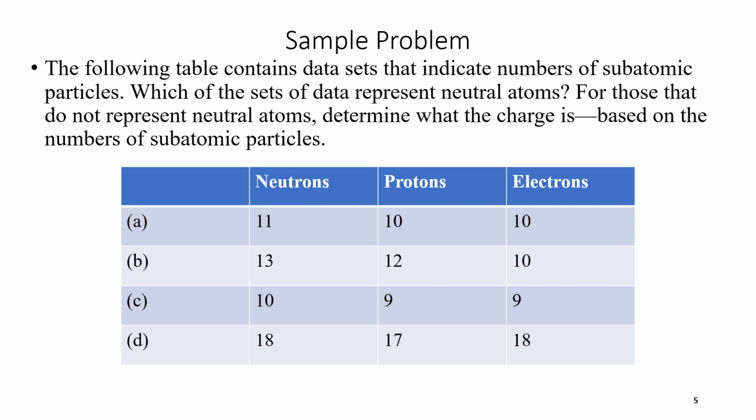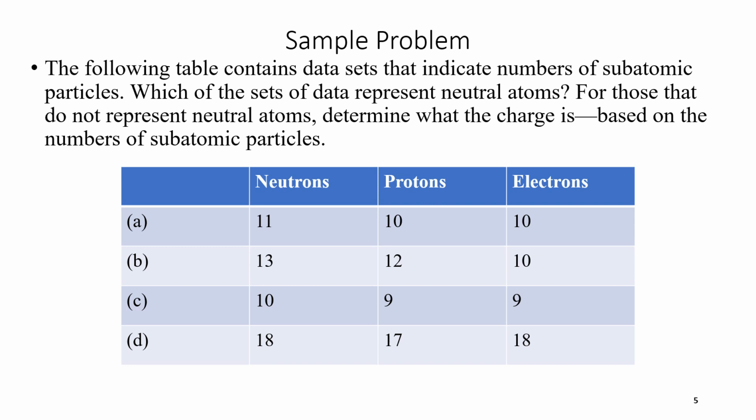And in this table, I notice that A and C have equal numbers of protons and electrons. That means that 10 protons offset the charge of 10 electrons, or 9 protons, the charge of 9 electrons, making those atoms neutral. The other two, B and D, do not have neutral atoms because we have an excess of one or the other.